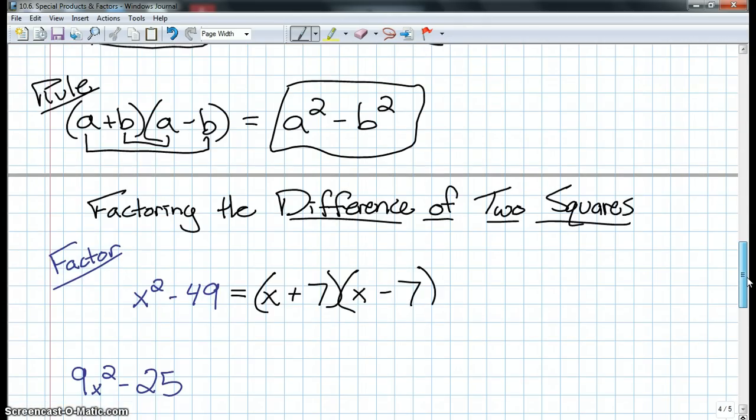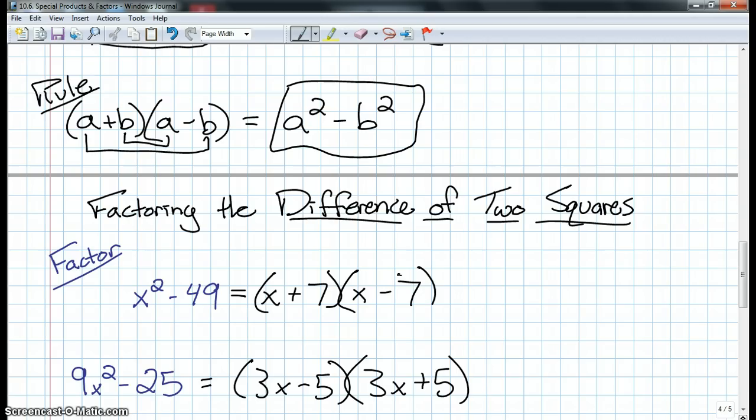Okay, moving to the second example, looking at this one, 9x squared minus 25, and factoring that. I believe this looks a lot like the bonus question from the quiz. So we have 3x minus 5, the square root of 9x squared is 3x, and the square root of 25 is 5, and we're going to multiply that by 3x plus 5.